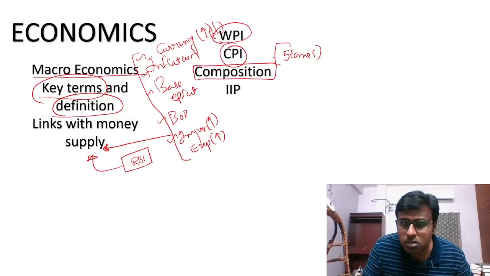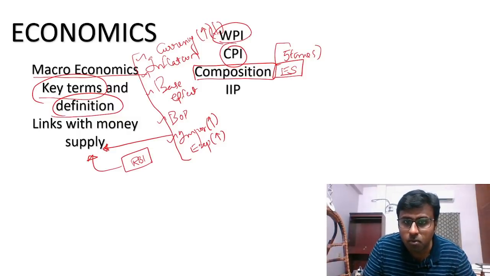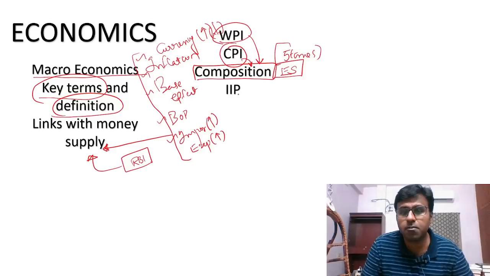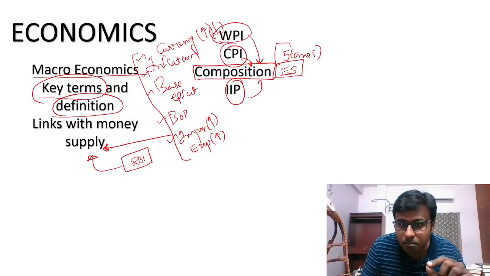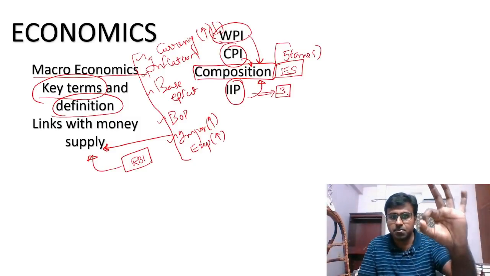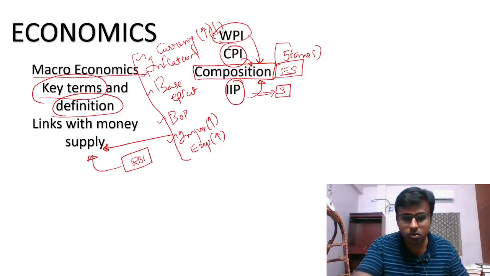In the composition, vandu economic survey la it is clearly given, or whatever book you have, in that what is the composition of wholesale price index, what is the composition of consumer price index. Next, index of industrial production in the composition. In the index of industrial production, you go back and check, in preliminary exam they have asked 3 times. Same composition sutti ketanga. Okay, so you have to know this.